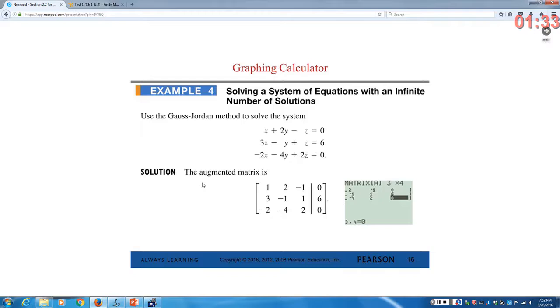Oh, yeah, I got decimals. Okay, where the last row is.